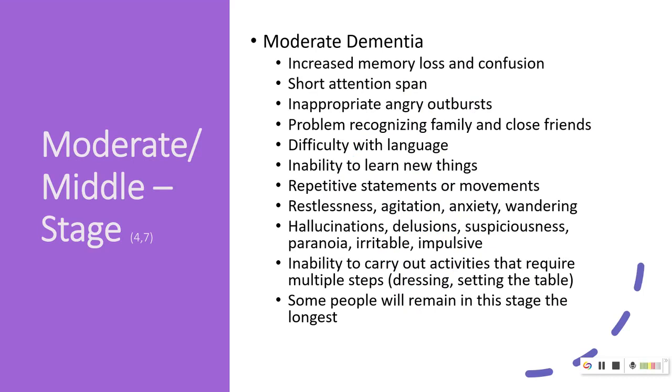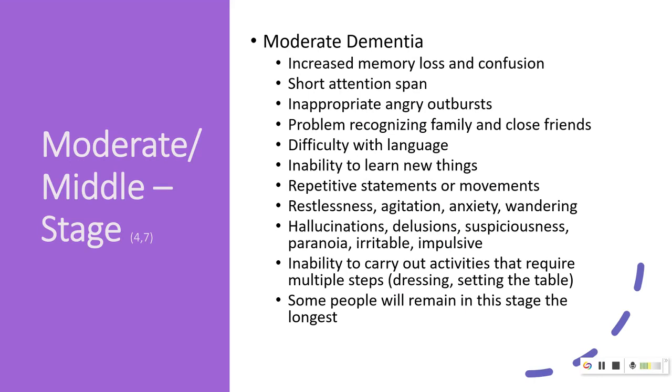Okay, some more things under the moderate stage: increased memory loss and confusion. We might start to see more of a short attention span. Inappropriate angry outbursts, maybe some more behavioral issues. Problems recognizing family and close friends might start to occur in this stage.